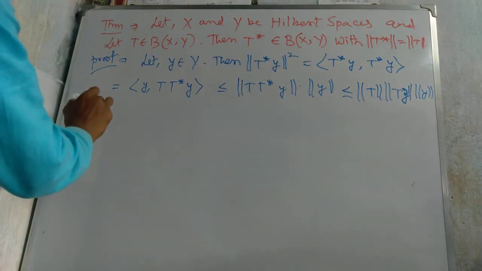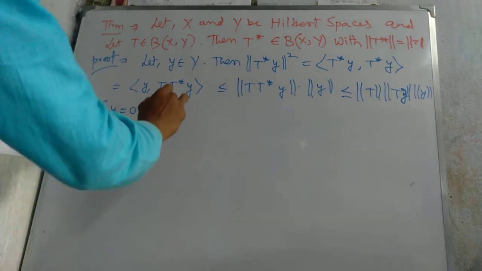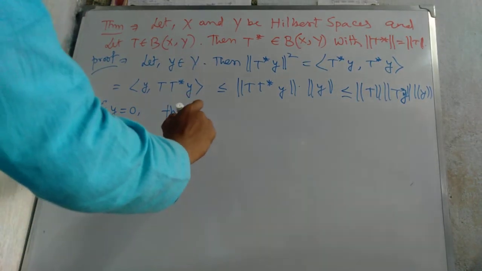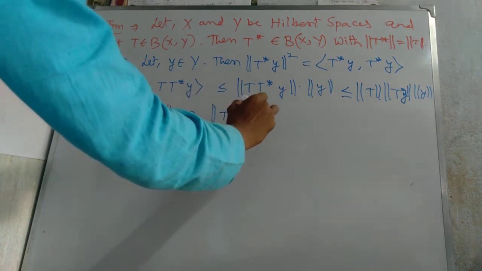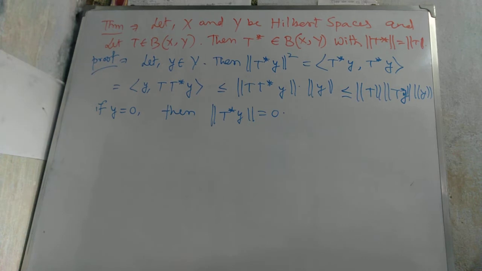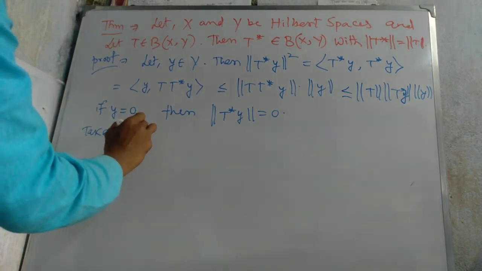Then if y equals 0, then norm of T star y equals 0. Then take y not equal to 0.